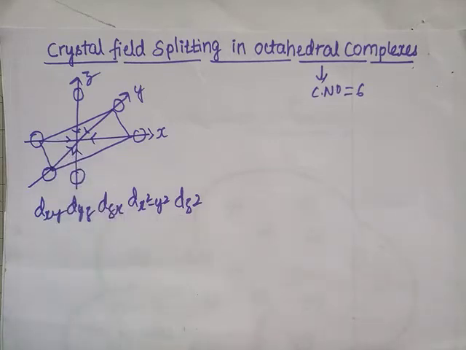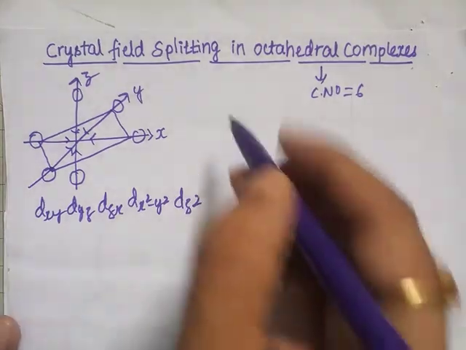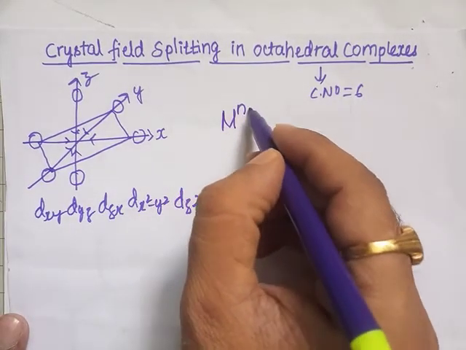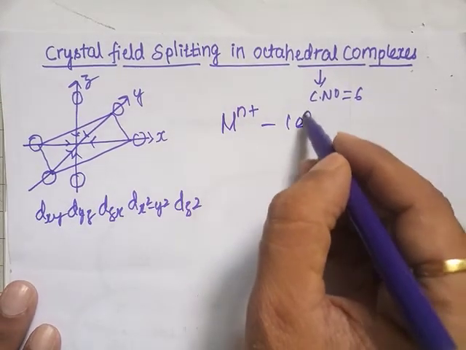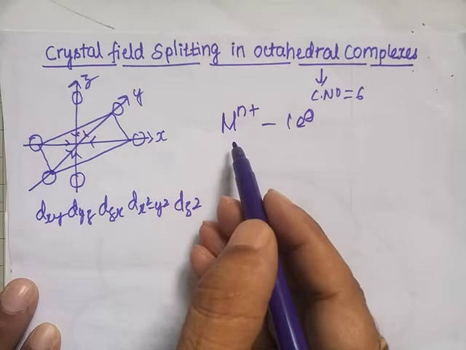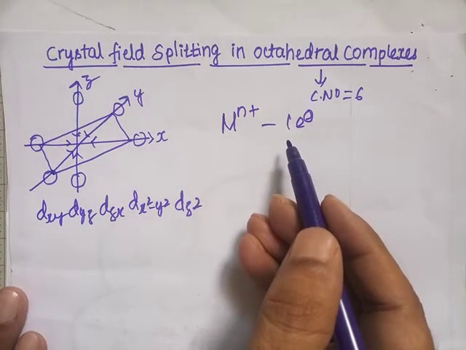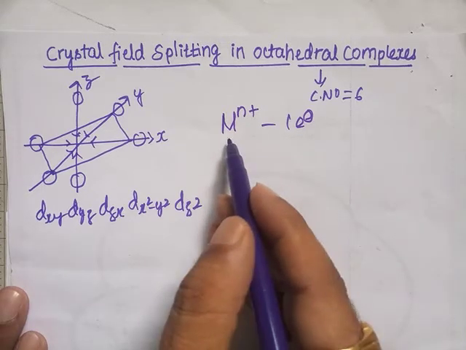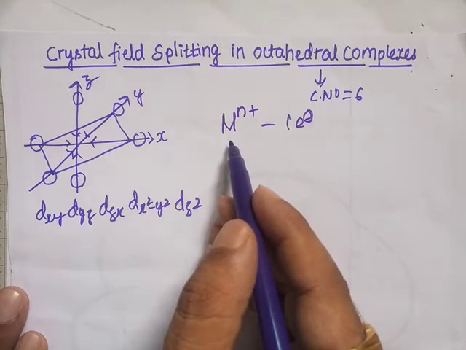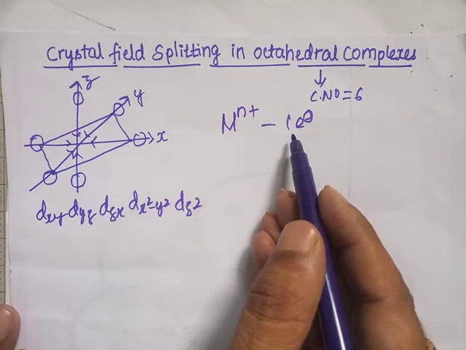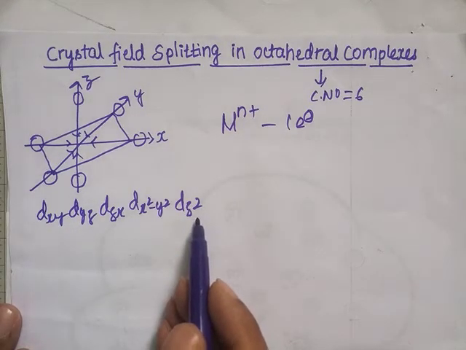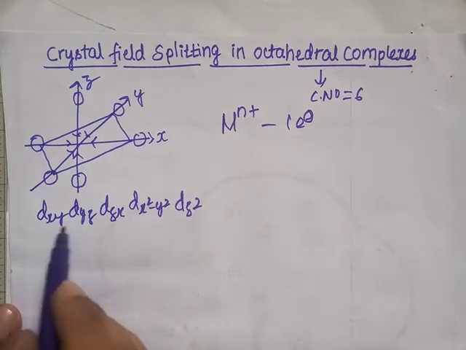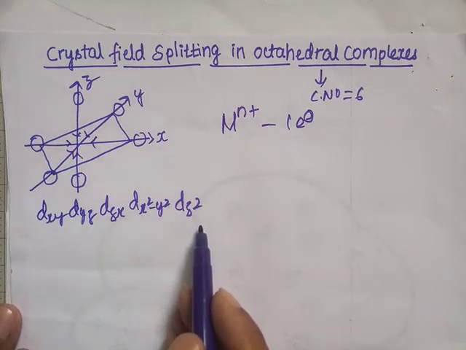If the metal ion Mn+ has one electron, let us assume that the metal ion has one electron in the d orbital. In this free ion, that means in the absence of ligands, this single electron can occupy any one of these d orbitals, because all these 5 d orbitals have the same energy.